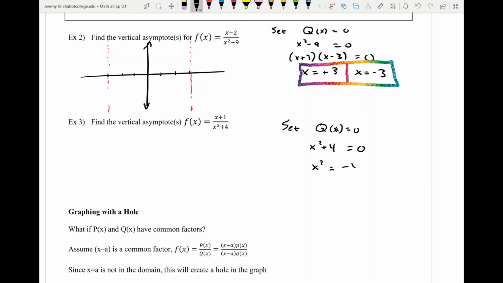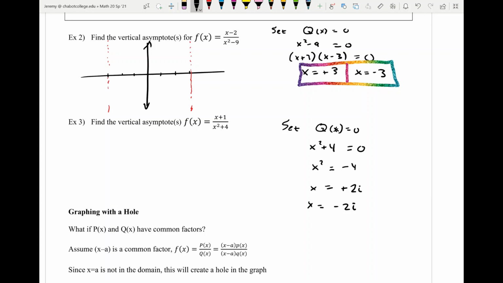So subtract 4 from both sides and take the square root, and I get x equals positive 2i, and x equals negative 2i. But 2i and negative 2i are not on the x-axis, right? So these aren't actually going to represent vertical asymptotes.